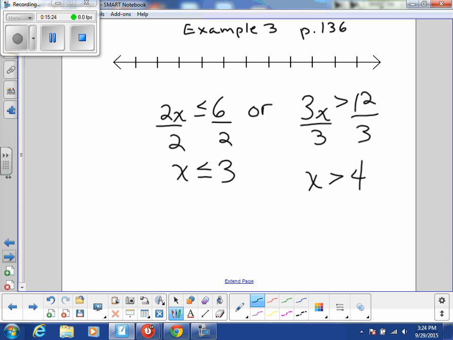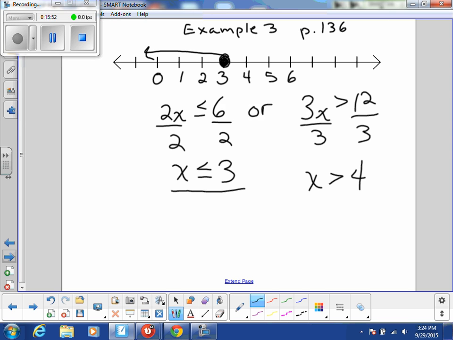All right? So there is no number in the world that is both less than 3 and greater than 4. We're putting two separate sets together. Here's 3. X is less than 3, so I want numbers that are less than 3 shaded in here.